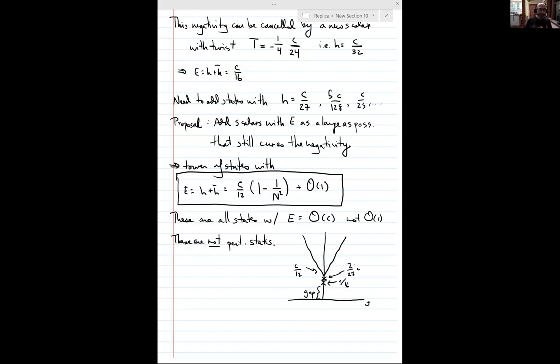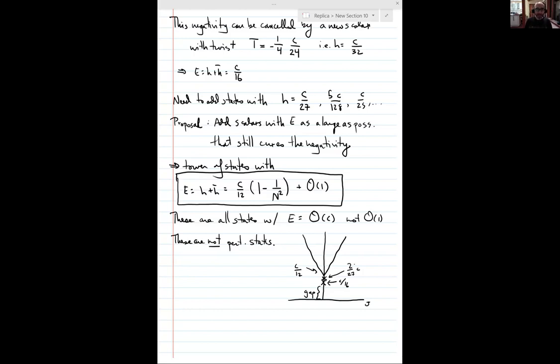You can show that generically, if you have 2 states, you're going to be able to form a bound state of them, right? To get other double twist states and stuff like that.